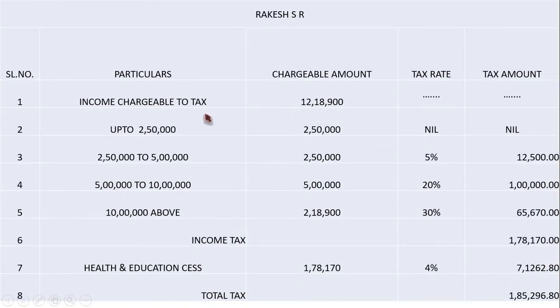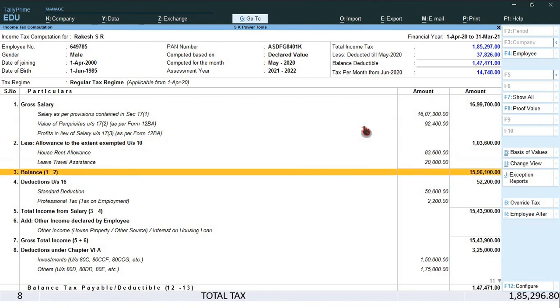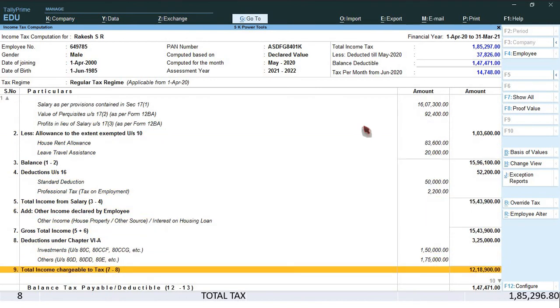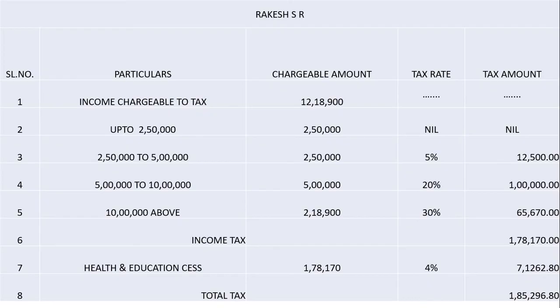So chargeable income chargeable to tax is 12,18,900. Check it in the report. 12,18,900. Up to 2,50,000 nil, 2,50,000 to 5,00,000, the difference is 2,50,000, 5%, 12,500.